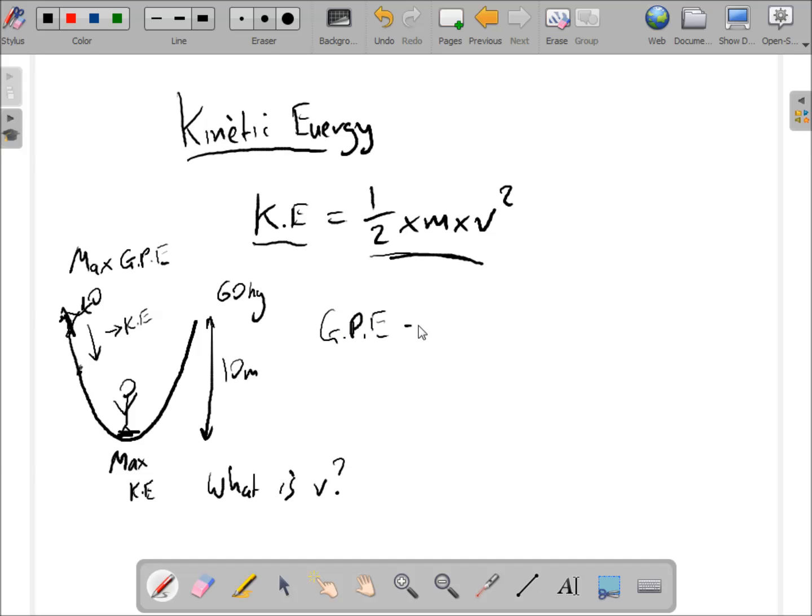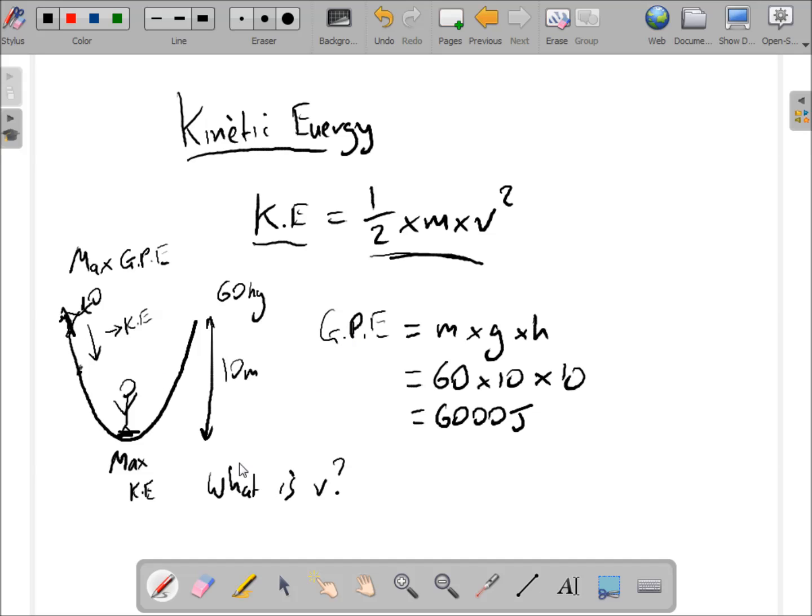So gravitational potential energy is equal to the mass times g times h. So in this case we have 60. Again, I'm being lazy and using 10 for g, obviously you have to use 9.81, times by the height, which is 10. So in this case we have 6,000 joules of energy stored as gravitational potential energy at the top.